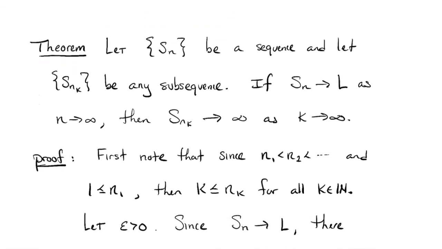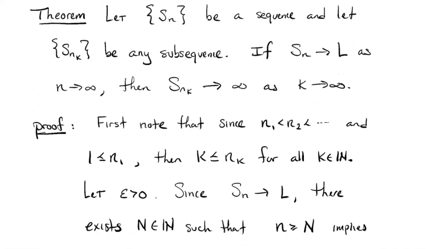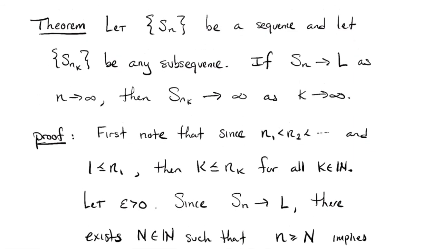Let's play around with a couple of results here. If you give me a sequence, this is not a theorem in your book, so I'm just going to call it the theorem. It doesn't have a number. What am I saying? If you take a sequence Sn, and then you take any subsequence of it, with the notation S sub n sub k, so that the sequence n sub 1, n sub 2, and so on is strictly increasing, then the theorem is: if the sequence converges to L, then so does S sub n sub k.